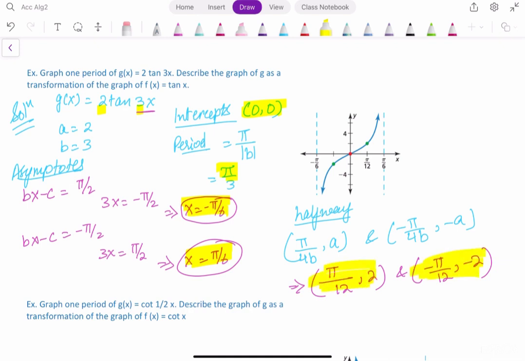So these halfway values help us to graph the points methodically. Let me label the halfway points on the graph. This is (pi twelfths, 2), and this is (negative pi twelfths, negative 2).